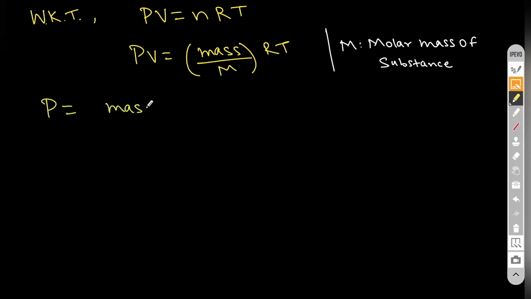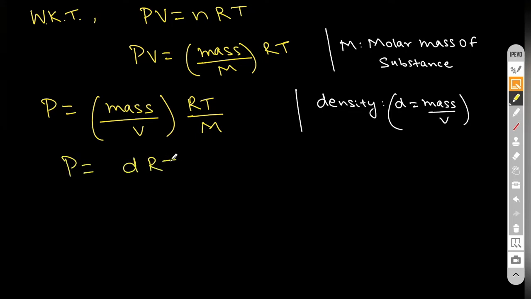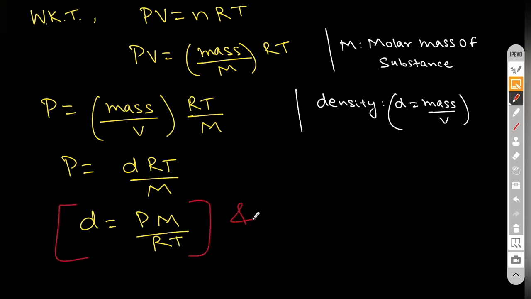We can write P is equal to mass divided by V into RT divided by capital M. We know the formula of density is mass divided by volume. We will replace mass divided by volume as density, so P is density into RT divided by capital M. We can write now density as PM divided by RT. And for hydrogen we can write density of H2 is equal to P into molar mass of H2 divided by RT.